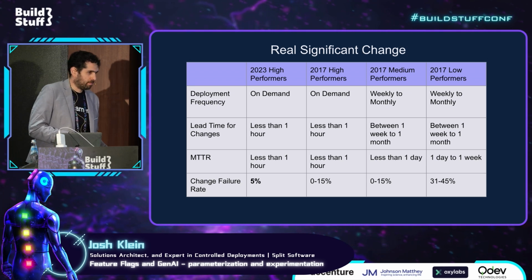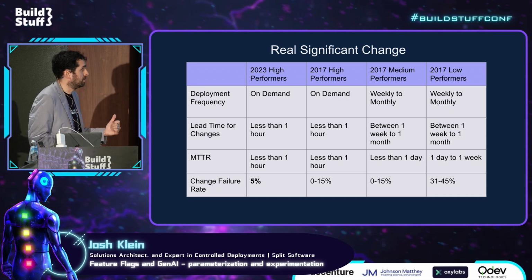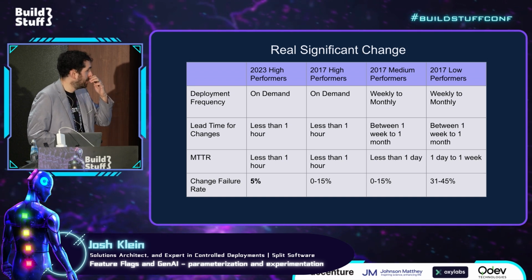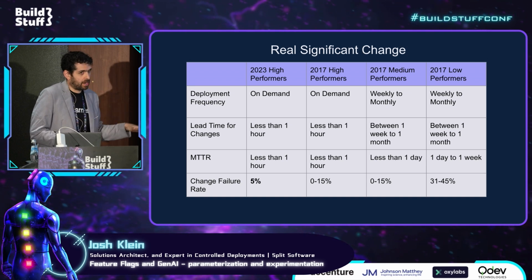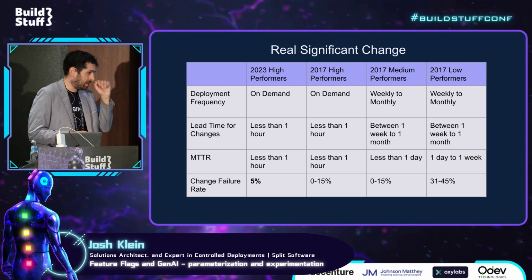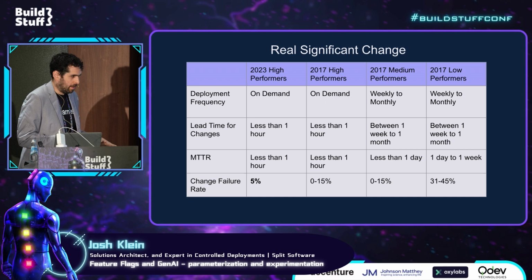If production goes down, it takes less than an hour to recover. These are interesting statistics and allow you to measure where your organization, your team, your company is at with your DevOps journey and compare to the leaders in the field.